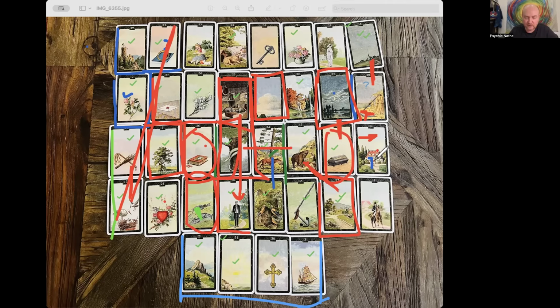28, so 28, no, I have to go back here. 24, yes. 25, 26, 27, 28 is in his own house.